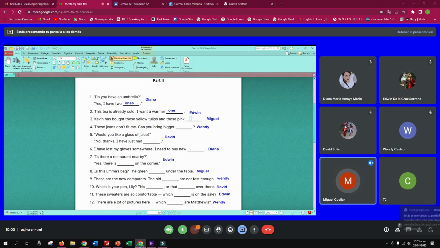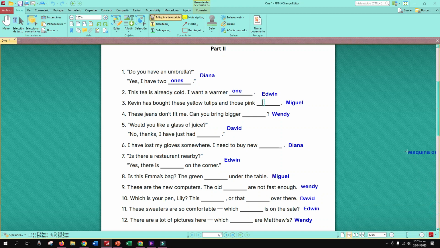Kelly asked about this yellow tulip and those pink ones. Why ones, Mr. Miguel? You're talking about what? Two or, in this case, more tulips, right?